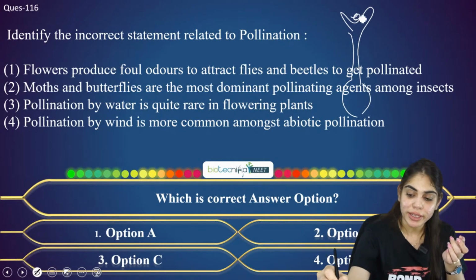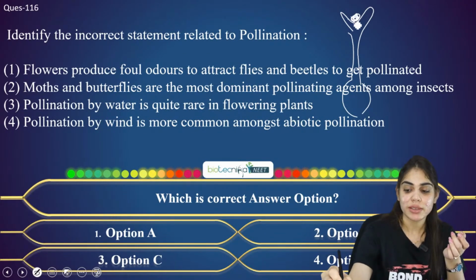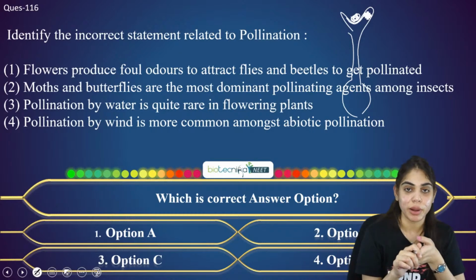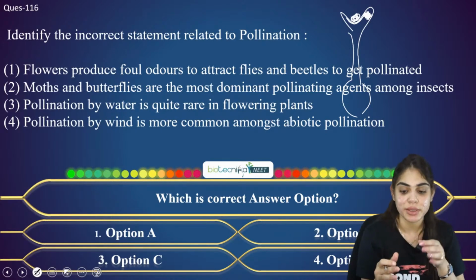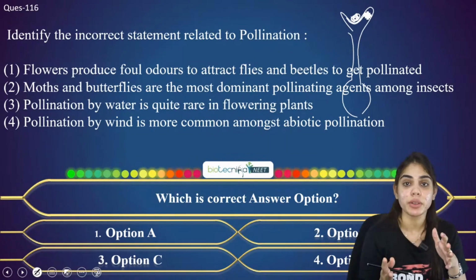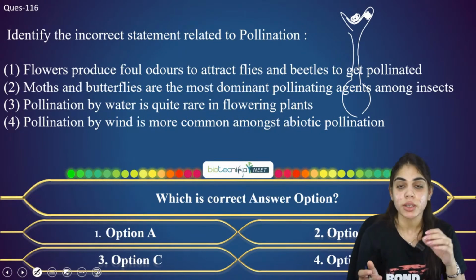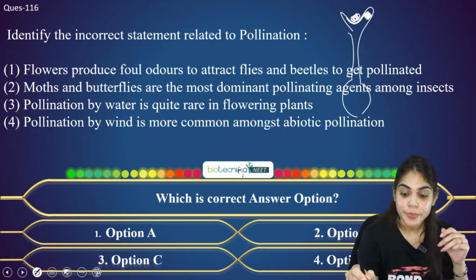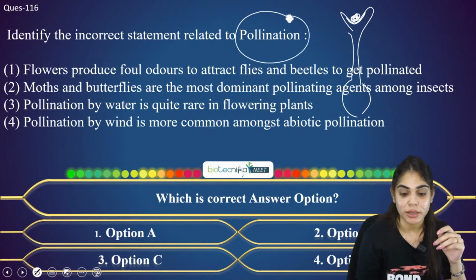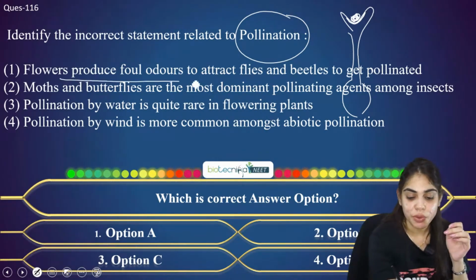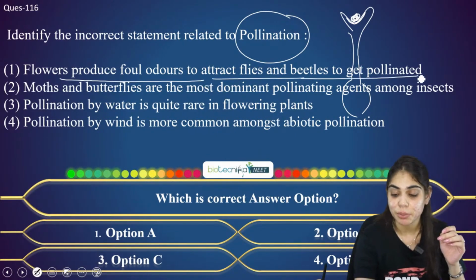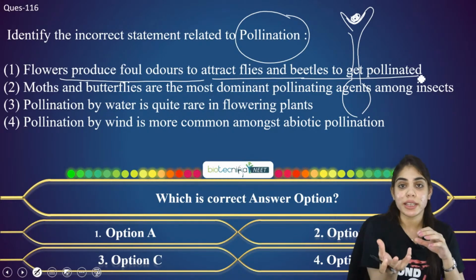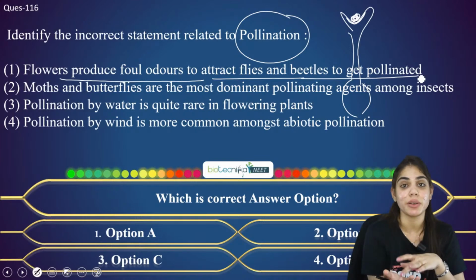So here the pollen grains will be attached to this sticky female reproductive part in plants, not in animals. So we are dealing with botany. Botany means plants. So here you have to consider the fertilization in plants, not animals. So pollination is taking place in plants where the flowers produce foul odors to attract flies and beetles. So how are these pollen grains carried to the female reproductive tract?